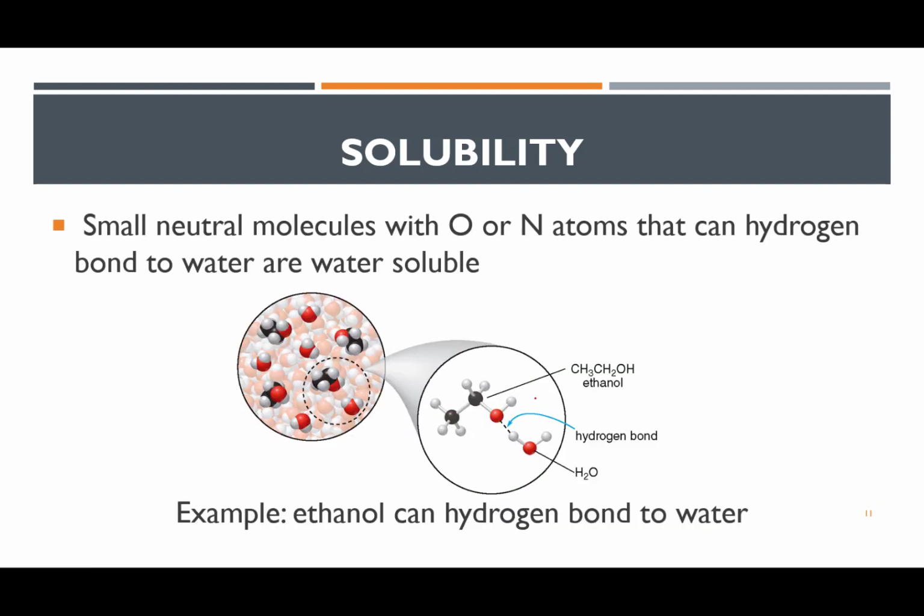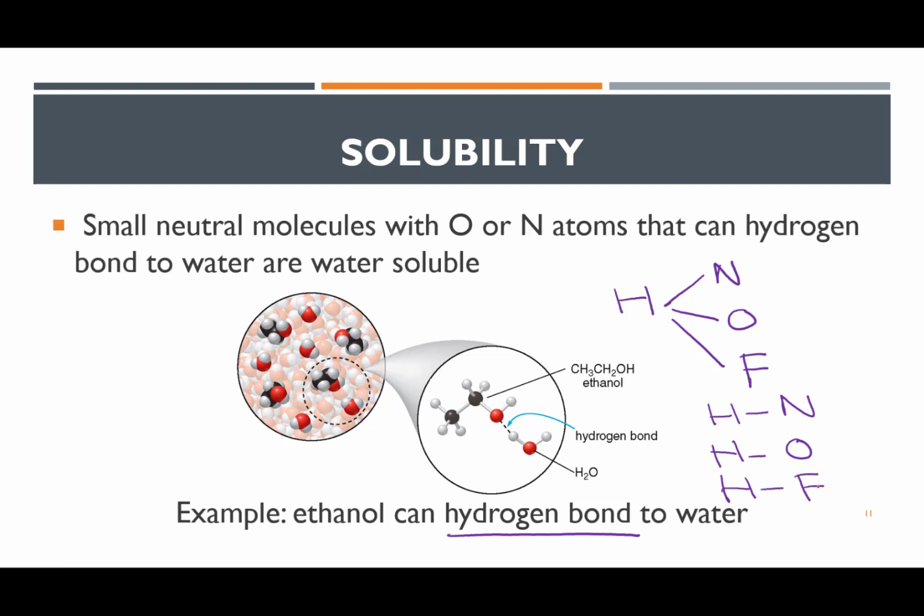Let's go back here. Here are a few extra side points. Here I talk about hydrogen bonding. Hydrogen bonding is the bond between hydrogen and either nitrogen, oxygen, or fluorine. That's a hydrogen bond. When hydrogen bonds with either nitrogen, oxygen, or fluorine, this bond right here is a hydrogen bond.